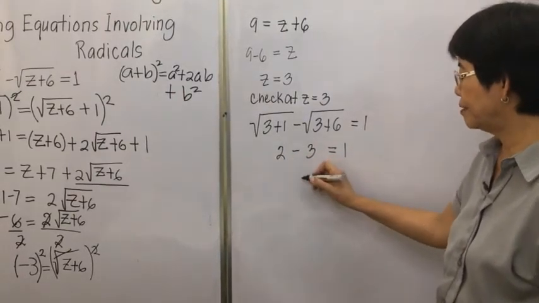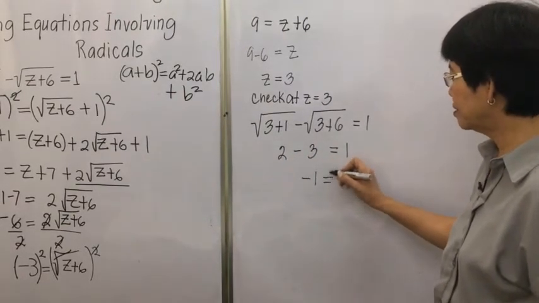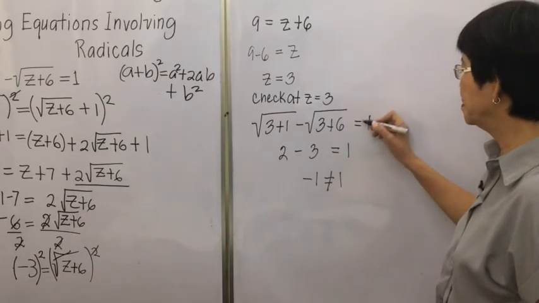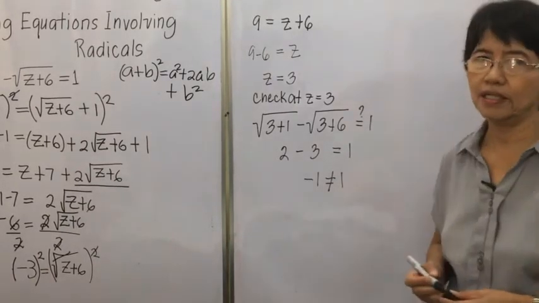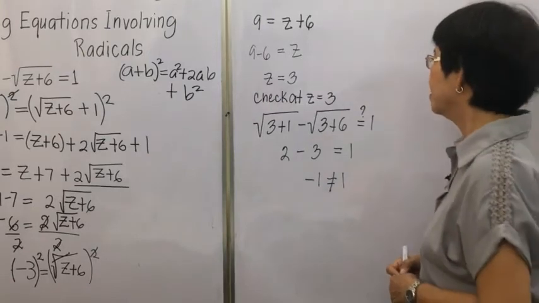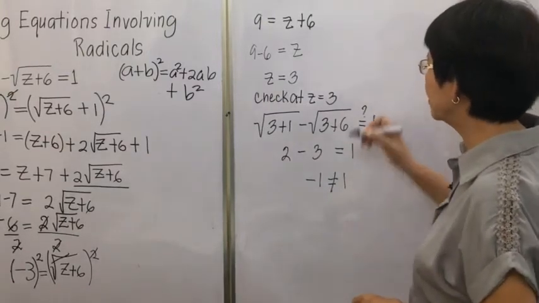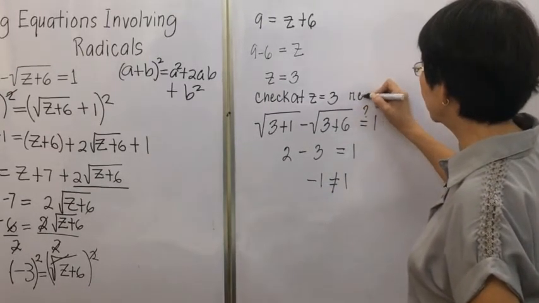But we get here a negative 1, which is not equal to 1. So this is questionable. So we reject the value z equals 3.